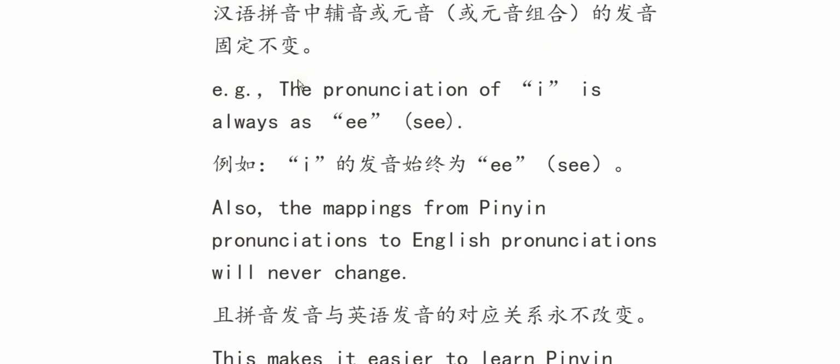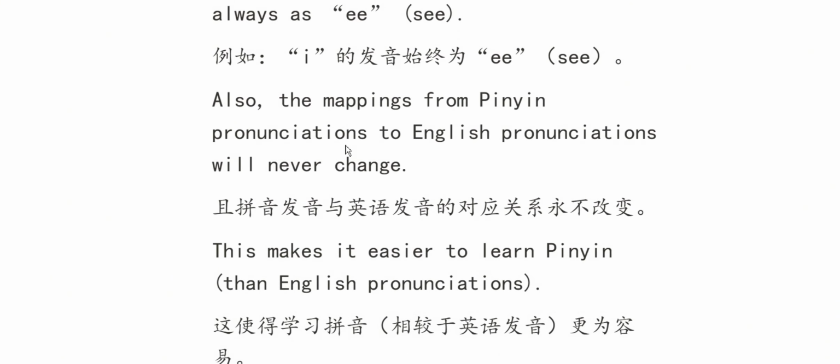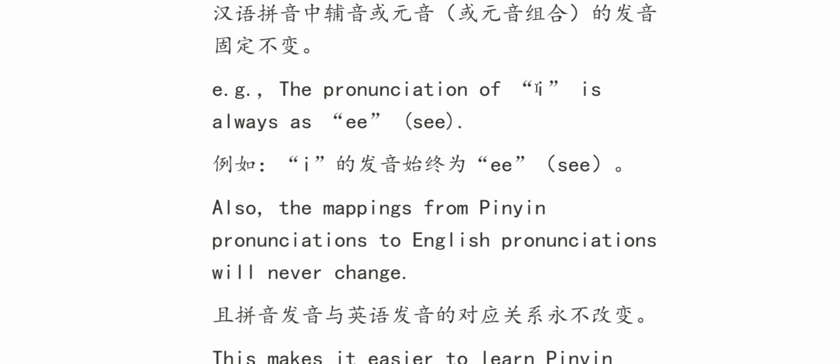For example, the pronunciation of letter I is always as double E in the English word see. So the letter I's pronunciation will always be double E. It will never change.